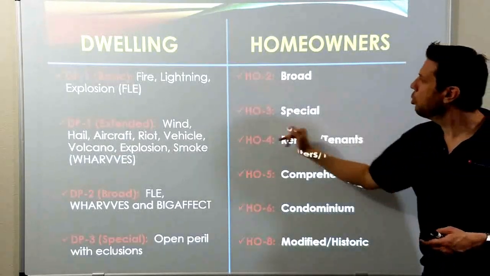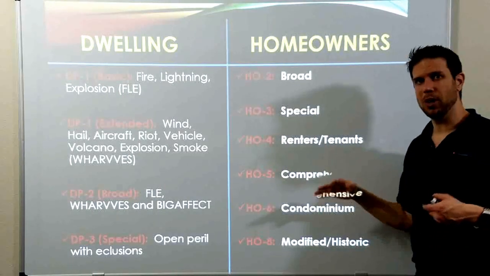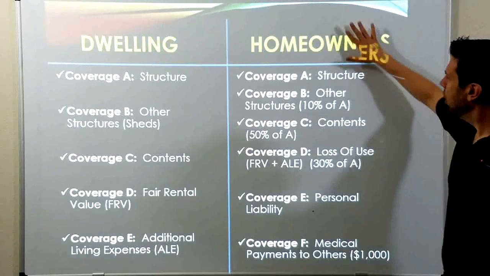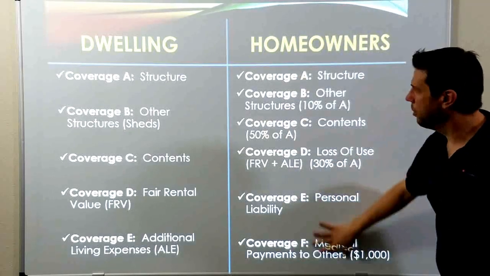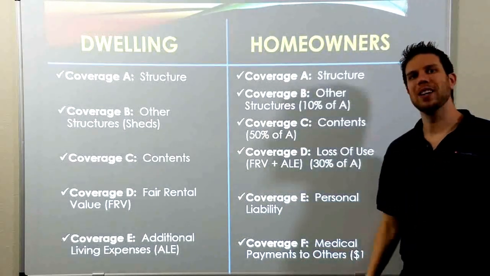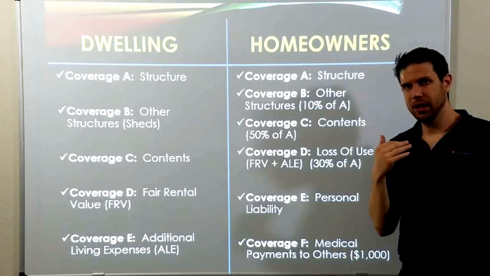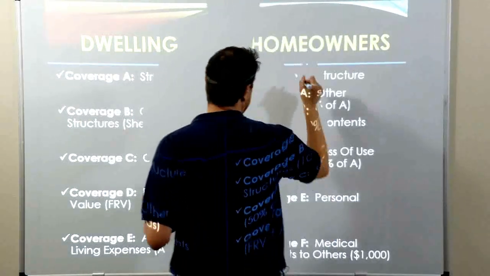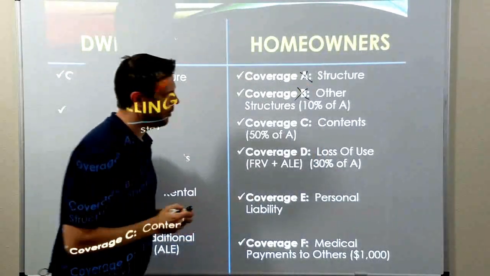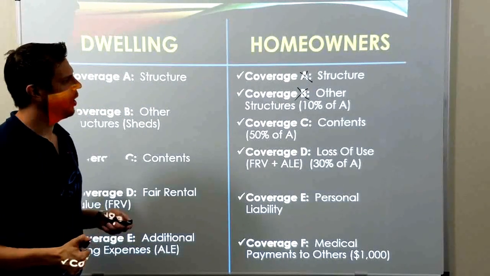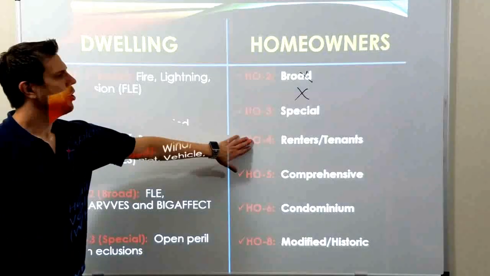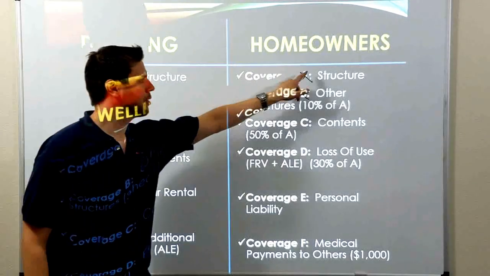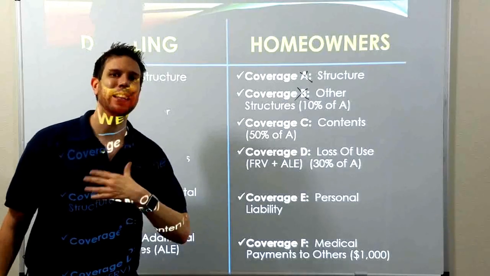Now an HO4 was a renter's policy. This is for a tenant, an apartment person, a renter. Which coverage letters under homeowners does the renter not need? So the HO4 does not have coverage A or coverage B because under the homeowner's form 4, you don't actually own the house. So you don't need to cover the structure or the shed because you're just renting the apartment.